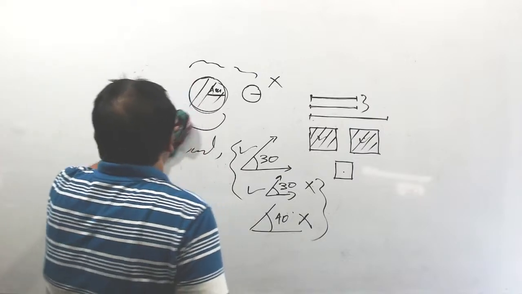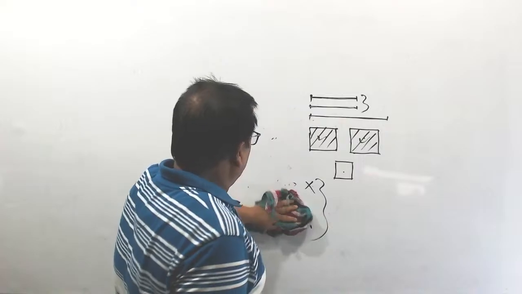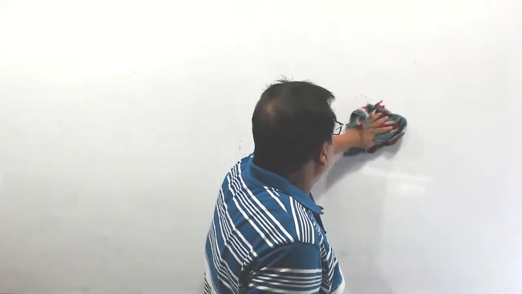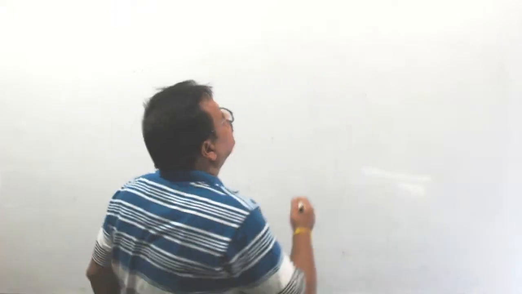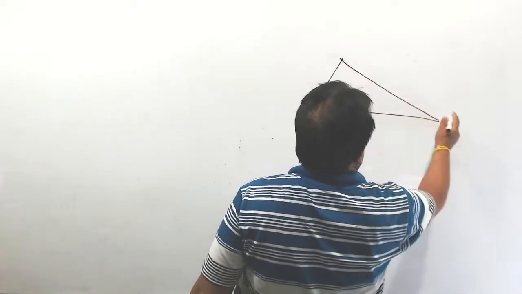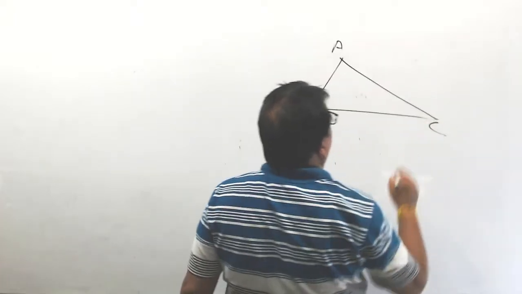Elements of triangles means: how many sides are in a triangle? Consider one triangle, say ABC.